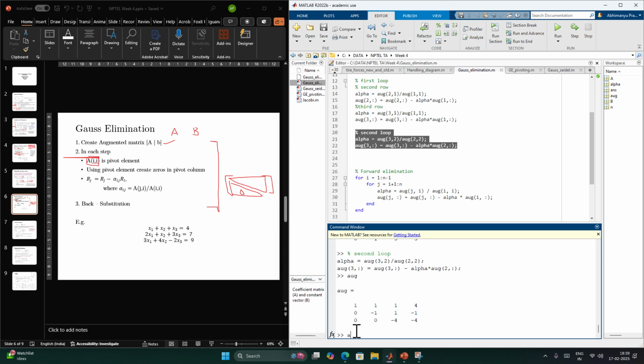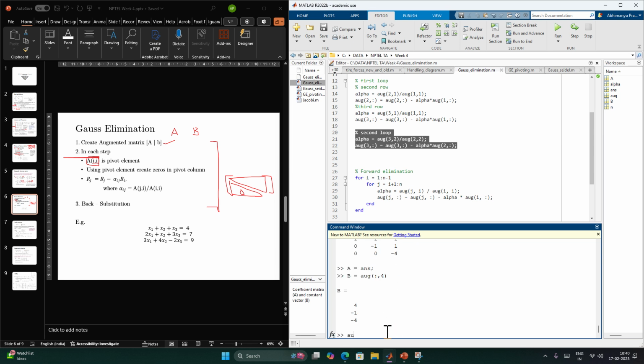So this is my A matrix, and in B I will store 4, minus 1, minus 4. Okay. Now I just need to do back substitution.